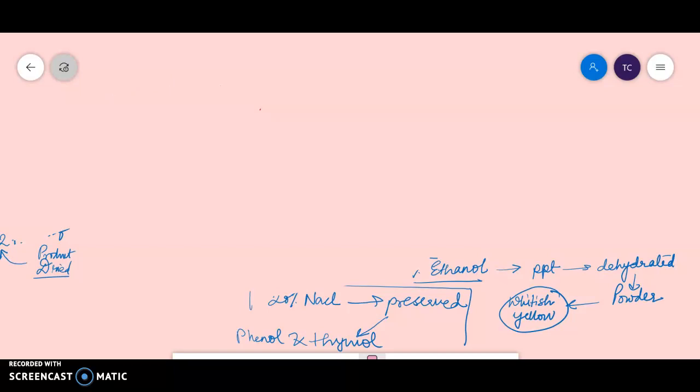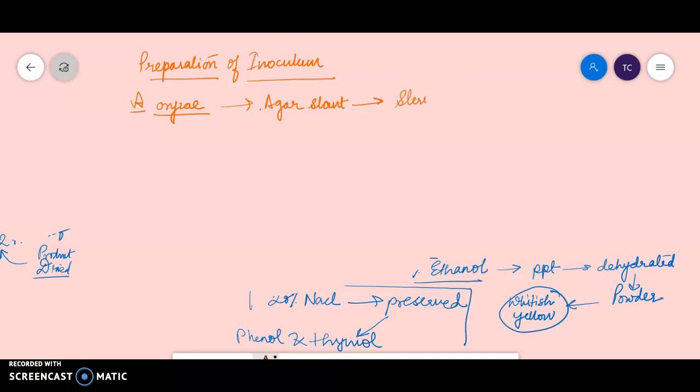So let's move on to preparation of inoculum. Now, when we talk of preparation of inoculum, Aspergillus oryzae is cultured in your agar slant, and it is used to inoculate sterile, moist bran.